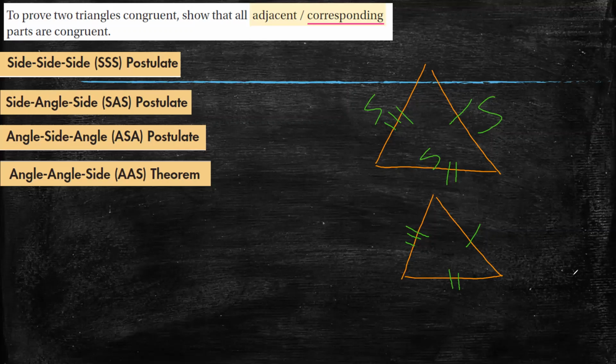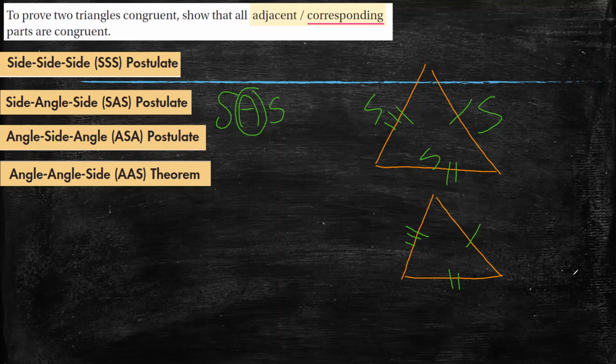And sometimes we have side, angle, side. What does it mean? SAS. That means an angle is included between the two sides. The angle is within these two sides, or between these two sides, or included between these two sides.